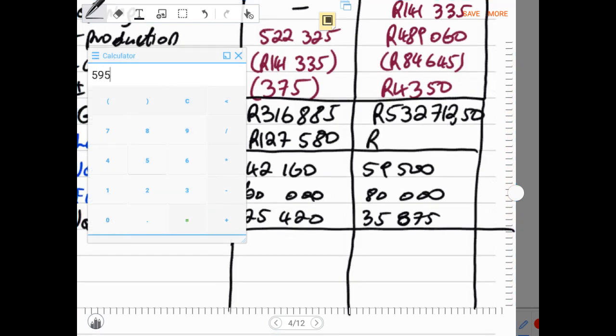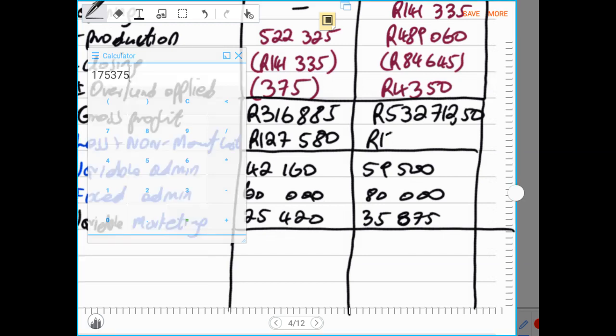Then it will be 59,500 plus 80,000 plus 35,875, which will give us 175,375.